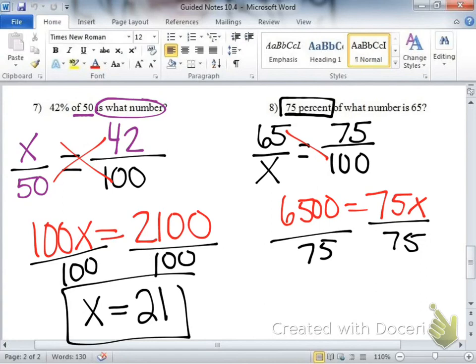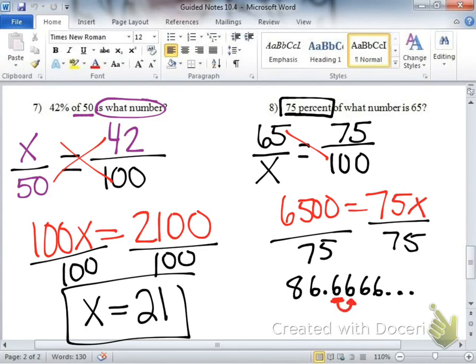86.6p. All right, so we have 86 point, don't write this down yet, 6666 and so on. I want to round to one number after the decimal, so look right here. And then look to the right of it. 7.